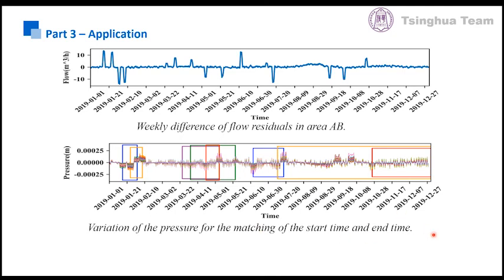The variation of the pressure at the neighboring nodes will be higher than at more distant nodes. The birth and fix of a certain leakage will cause similar patterns for the neighbor nodes and the distant nodes. By observing the pattern at each start time and end time, a matching could be done.